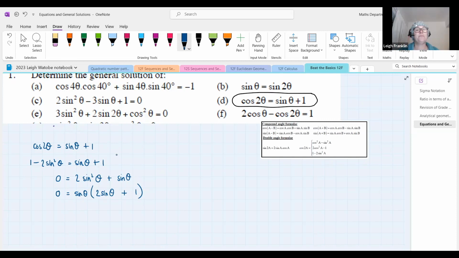Lovely. So again, you're going to have sine theta equals 0, or sine theta will be equal to negative 1 over 2.